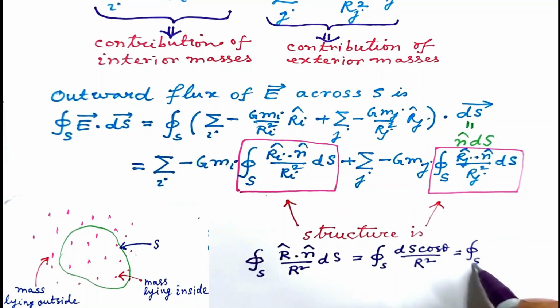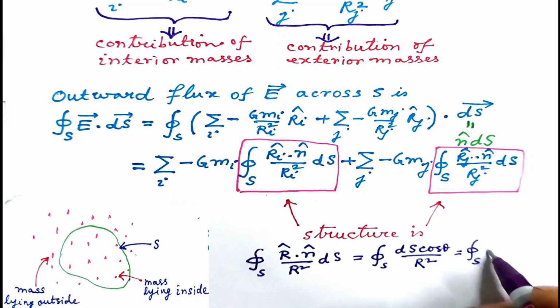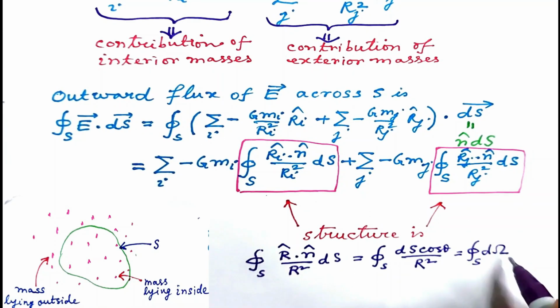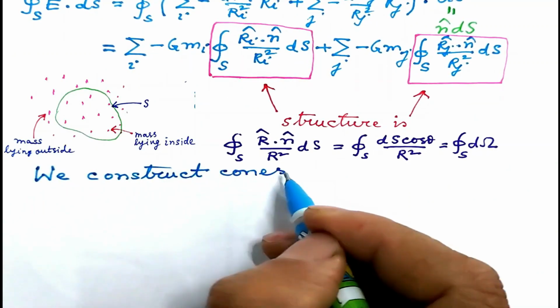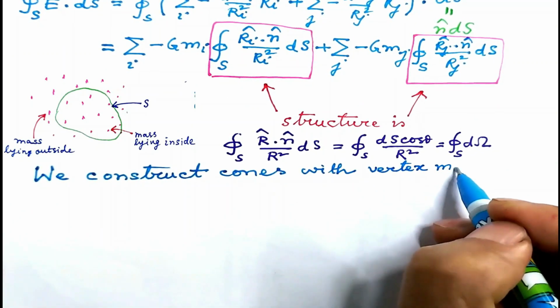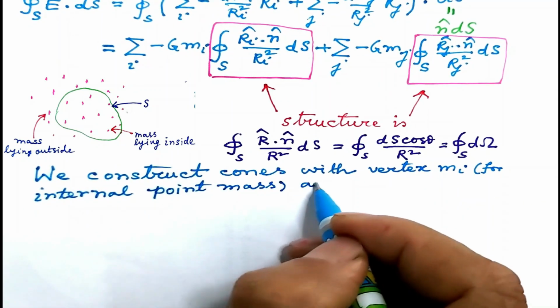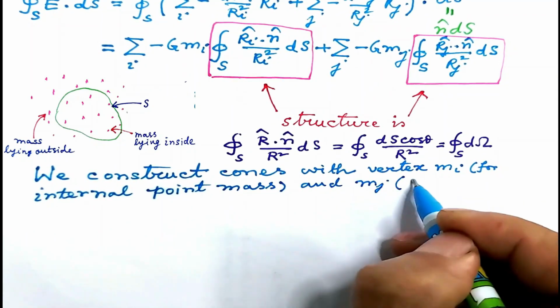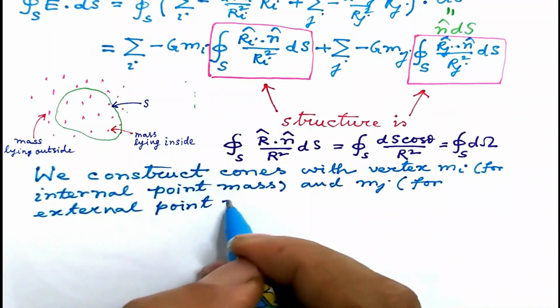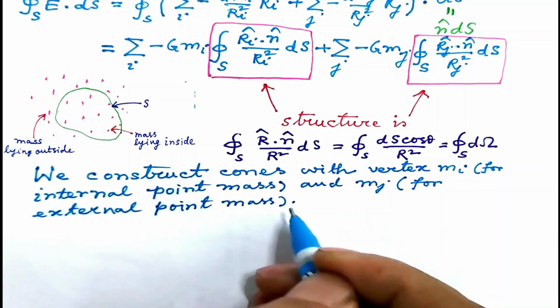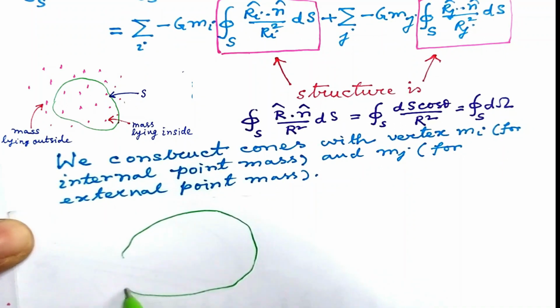This is equal to closed surface integration over S of d omega, which is the elemental solid angle. We construct cones with vertex as the point mass m_i, a typical internal point mass, and with vertex m_j, a typical external point mass. This is the closed surface S.